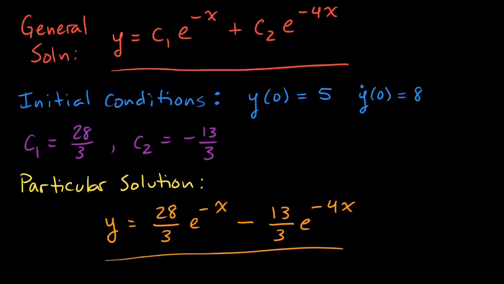Okay, so that is the particular solution to the differential equation that we had. It's based on the general solution, and we need two constraints in order to solve for the two unknowns that we had, C1 and C2.